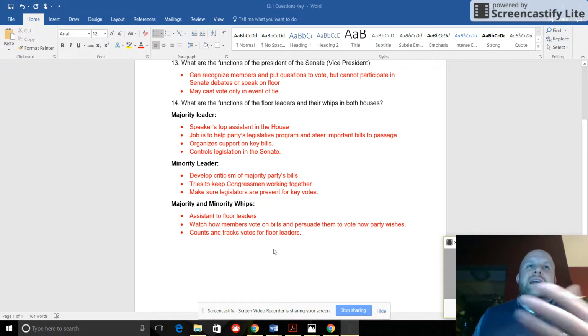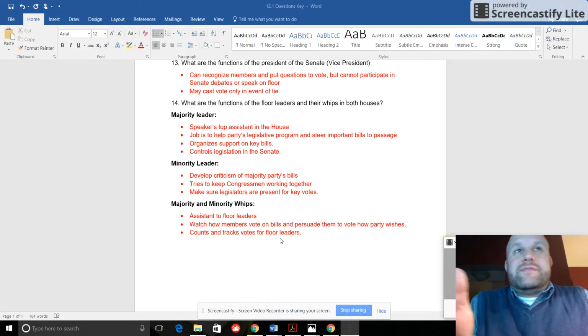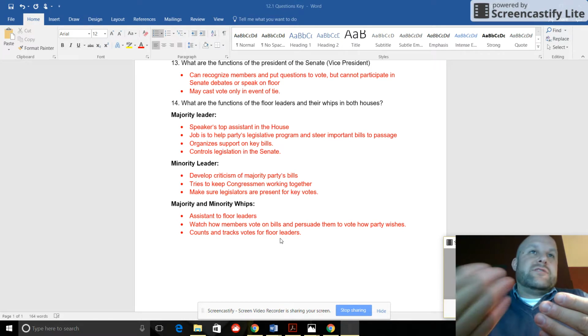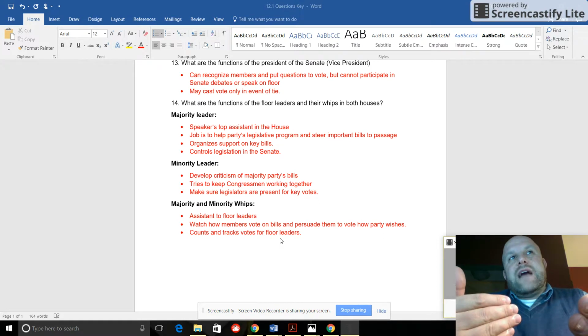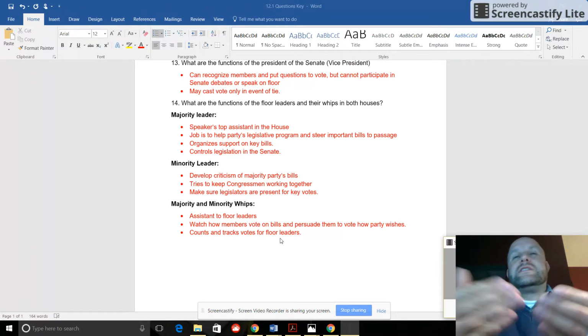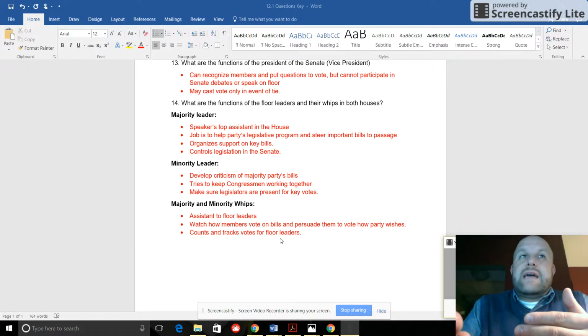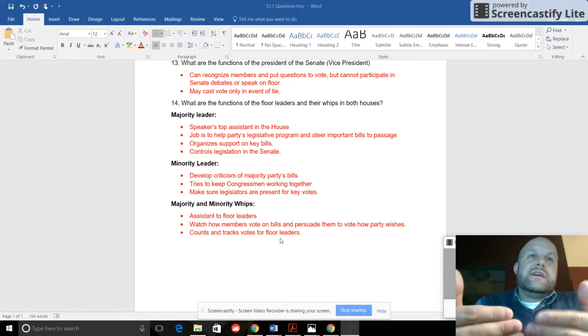By contrast, the minority leader is on the opposite side. Sometimes they almost switch roles. If during a midterm election another party gets into power, the minority leader or majority leader will sometimes switch roles. Let's use, for example, Nancy Pelosi from California. She at one time was the Speaker of the House because her party had won the majority in the House of Representatives.